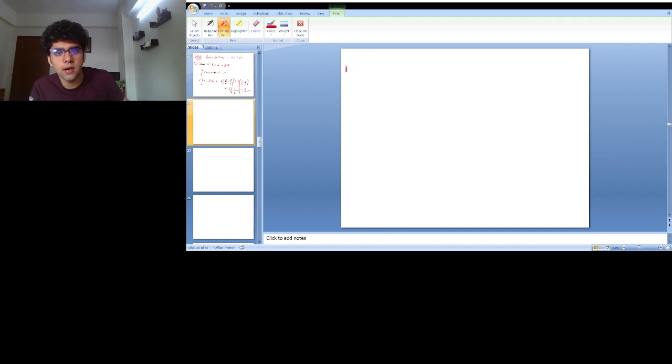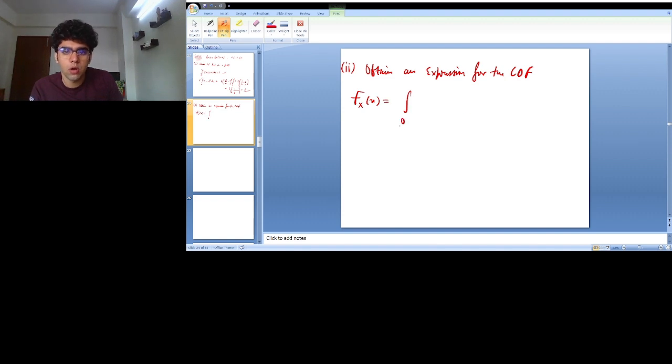The second part says: obtain an expression for the CDF. The formula for my CDF, F(x) where small x is my point and X is my random variable, is the integral from the lower limit, negative infinity, till x, of the PDF f(x) dx.